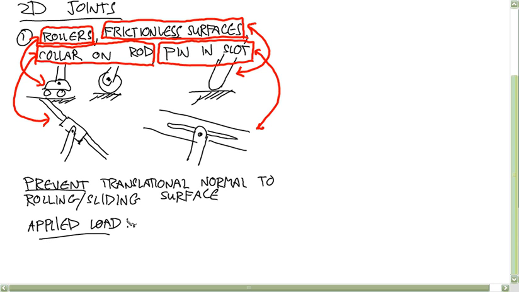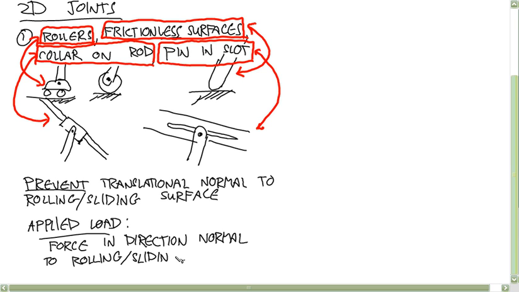So the applied reaction load is a force in a direction normal to the rolling or sliding surface. That means that, often, like we had in our examples, that rolling or sliding surface is going to correspond with an axis of your coordinate system.